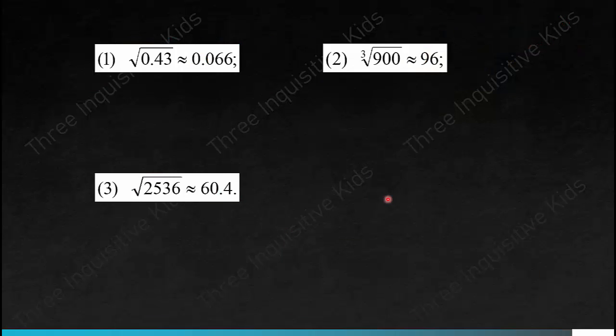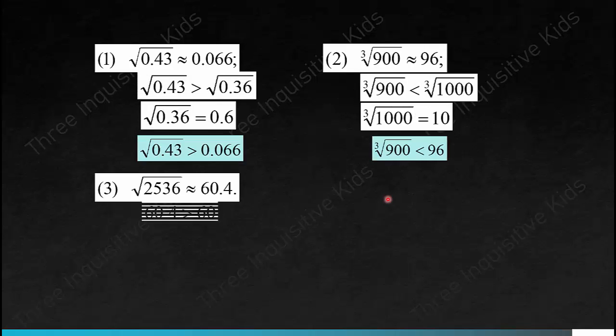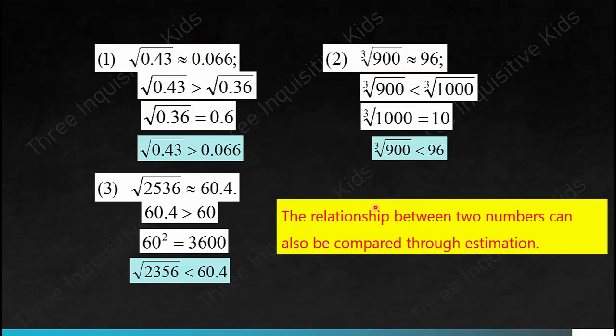So here's some more that I like. Another way we could do this is that the relationship between two numbers can be compared through estimation, which is what we're going to be covering today. A good example is the second one. We are rounding this to 1,000, and we know that this is less than 1,000.